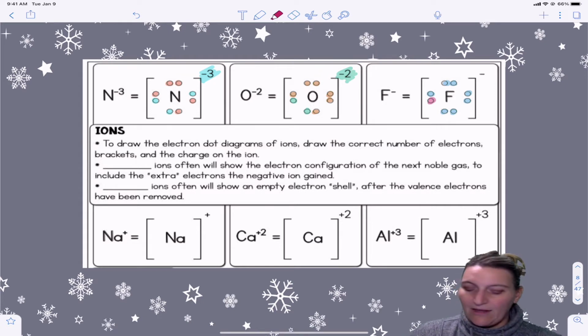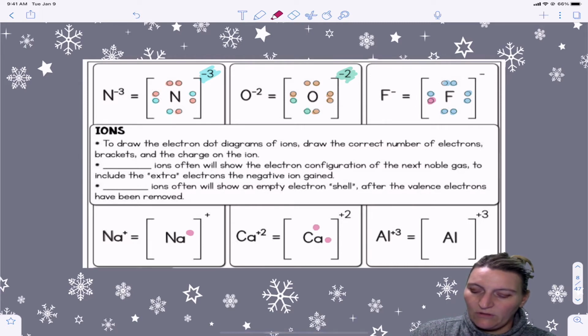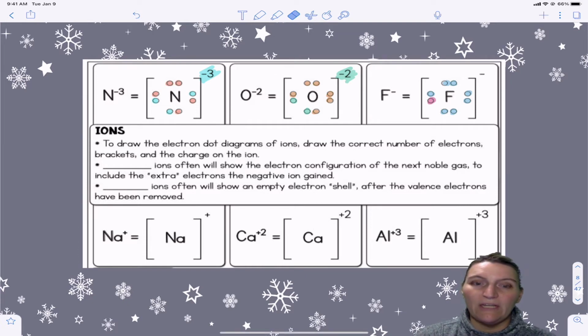Now, if you look at the elements below, you see that there are no dots around them. That's because their outermost energy level only had a few electrons and they have been erased. So sodium, if you look at the previous couple screens, has 1 valence electron. Calcium has 2 valence electrons, and aluminum has 3 valence electrons. But what happens when it forms an ion is that it loses those electrons, and so its inner core electrons now become its valence.